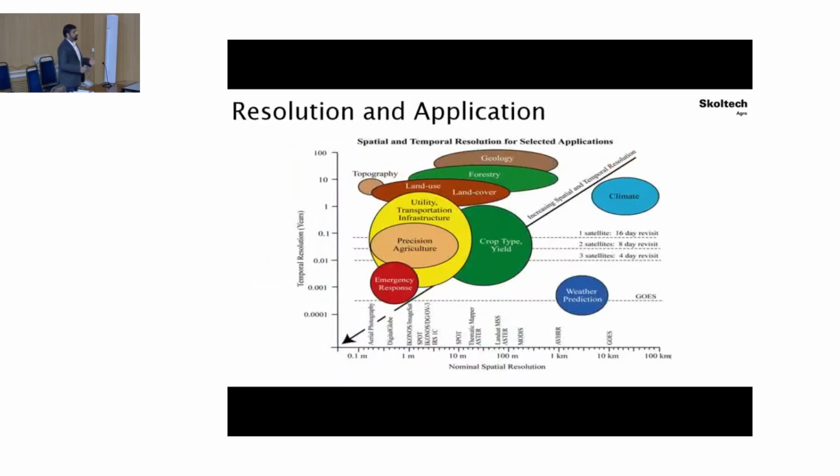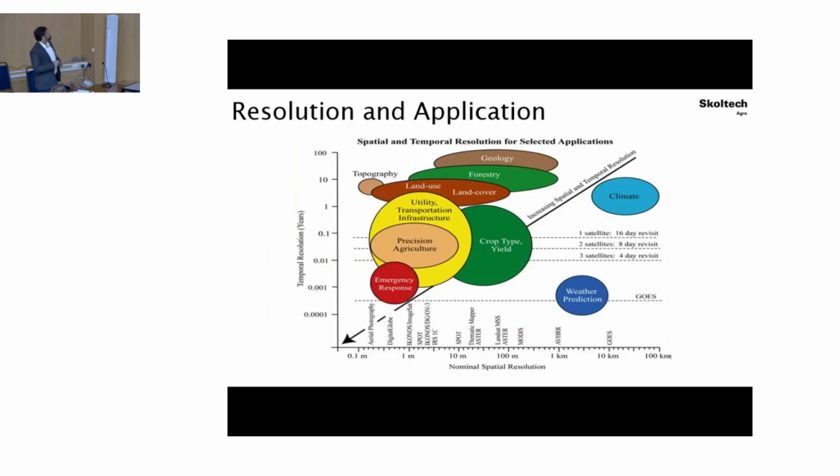So not all applications require high spectral resolution, high temporal resolution, high spatial resolution, right? If you're looking at climate modeling, climate does not change in a day or a week or a month or even a year, right? It takes a long process. It's over maybe a century, 10 years, decades.